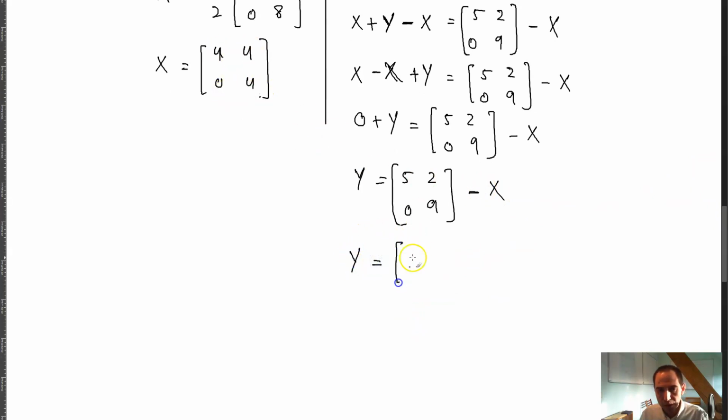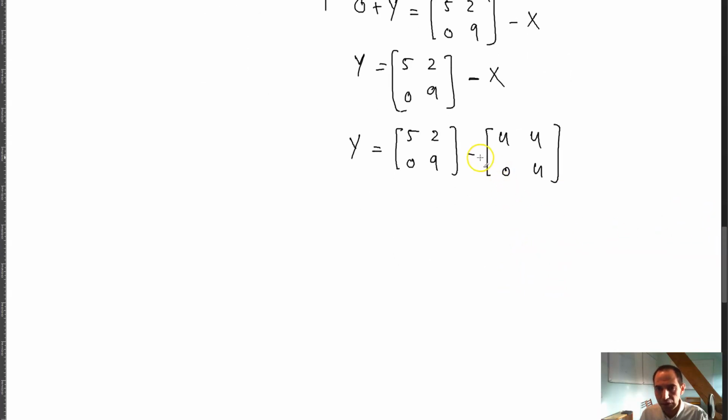So now I know that my x is equal to 4404. So then y is equal to 5209 minus x, which is 4404, right? And in order to subtract, I have to add the negative of this matrix back to the first matrix, meaning that y is equal to 5209 plus the negative of this matrix, which becomes -4, -4, 0, -4.